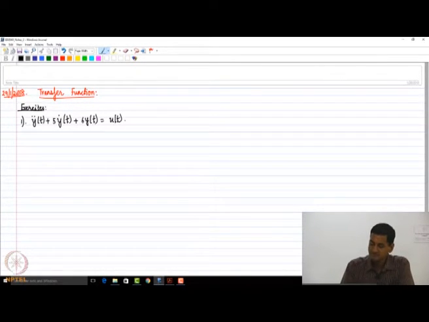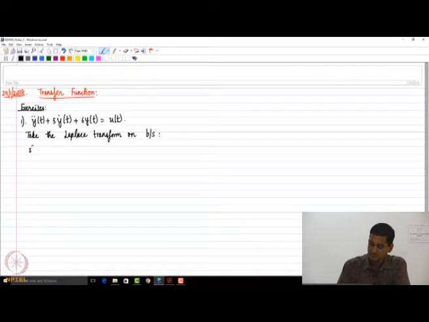So this is the system whose governing equation is given by y double dot t plus 5y dot t plus 6y equals u of t. As we could observe, this is a second order system, correct? So if we take the Laplace transform on both sides, what do we get?